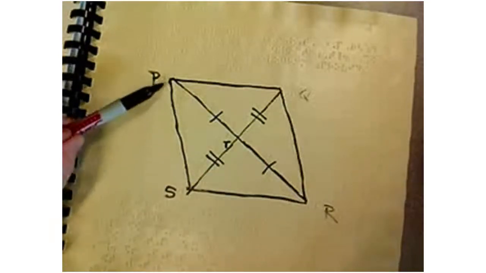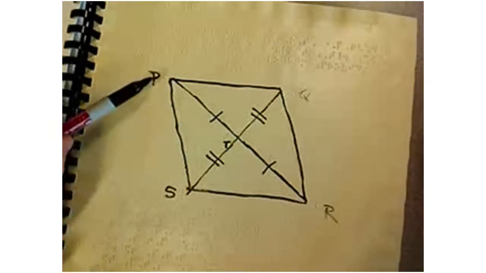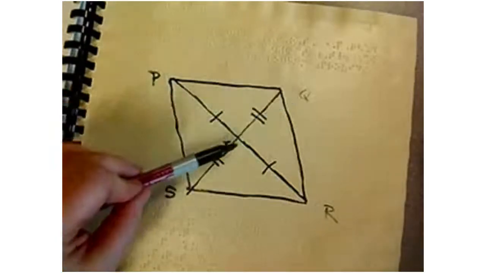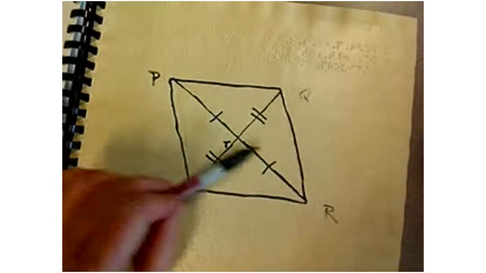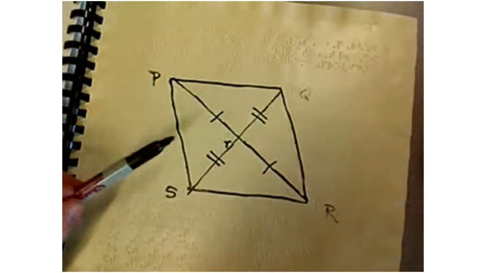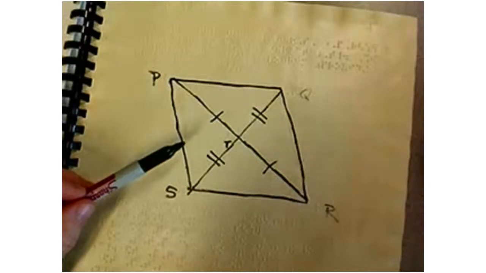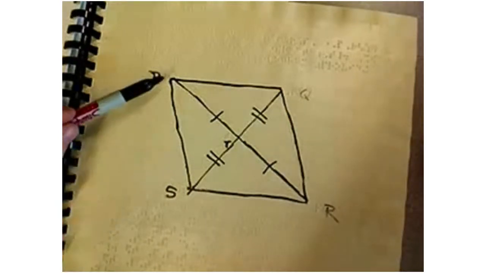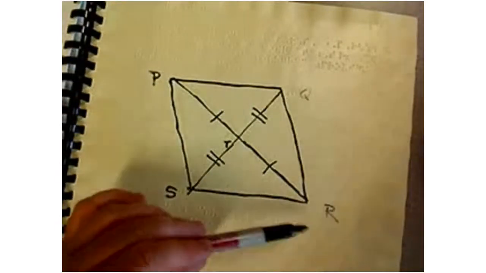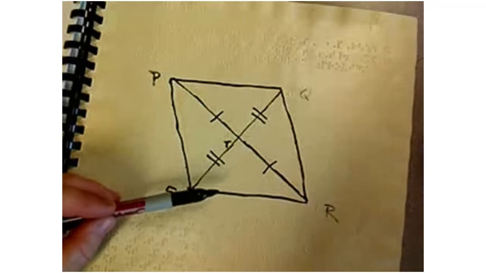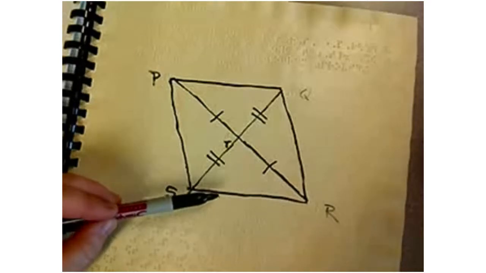They also state the two triangles on the left and the right, PTS and RTQ. Those two triangles are congruent to each other because of side angle side. So if I've got that going on, then I'm able to say, well, shoot, then PQ, the top side, is congruent to RS, the bottom side, because corresponding parts of congruent triangles have to be congruent.